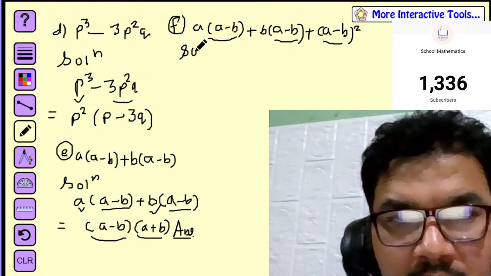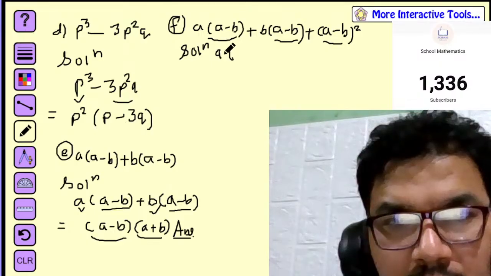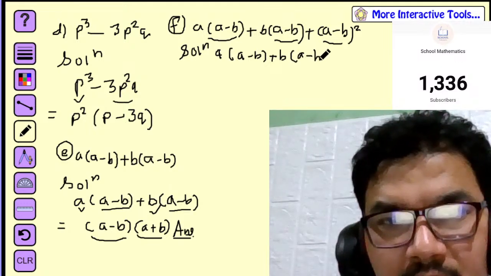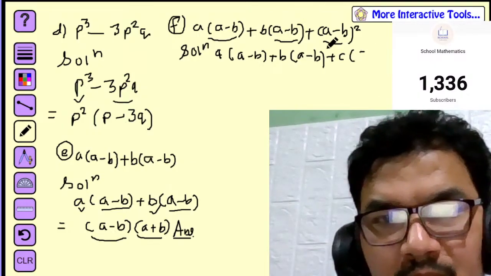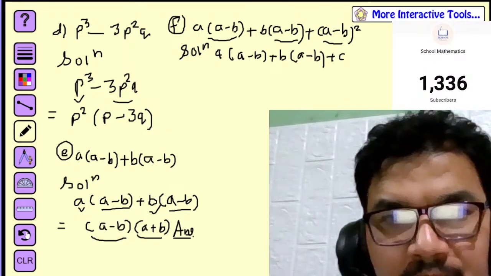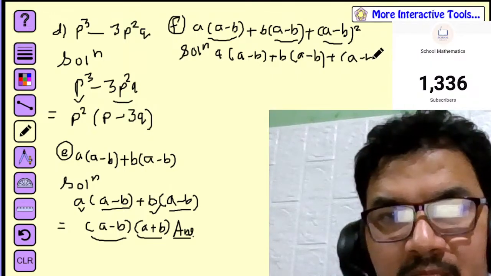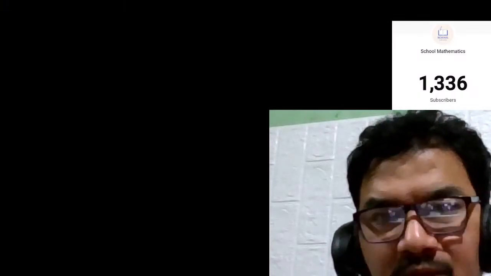Write the whole solution first and write the question again: a into a minus b, then the second term b into a minus b, and similarly the last one, there is no c, there is directly a minus b whole square. Do you know, a minus b whole square means a minus b into a minus b, two times.